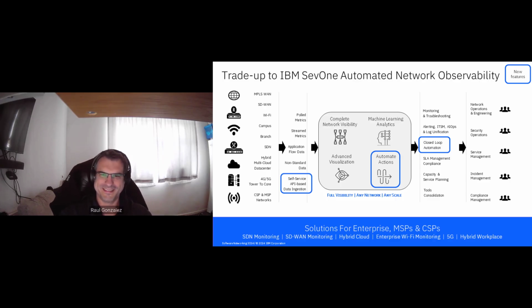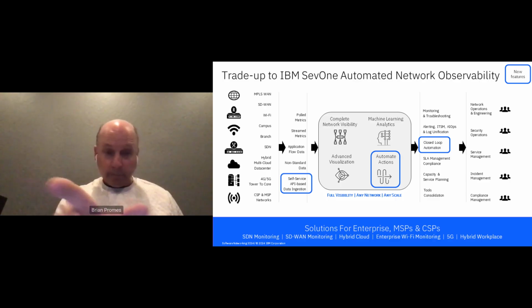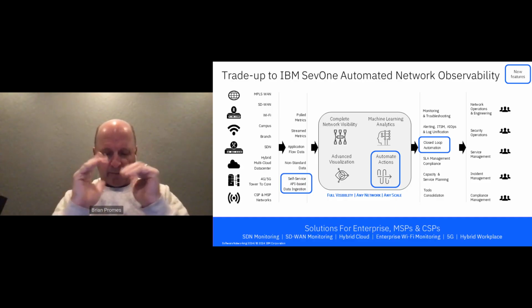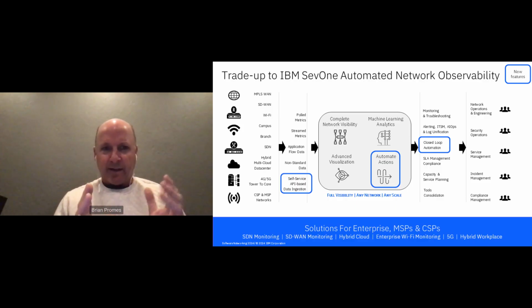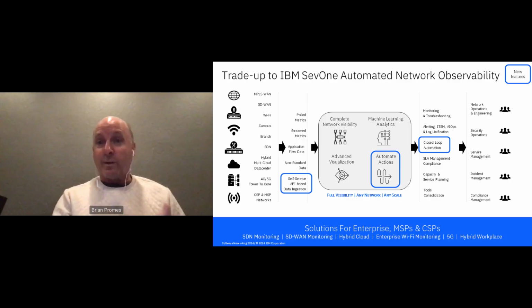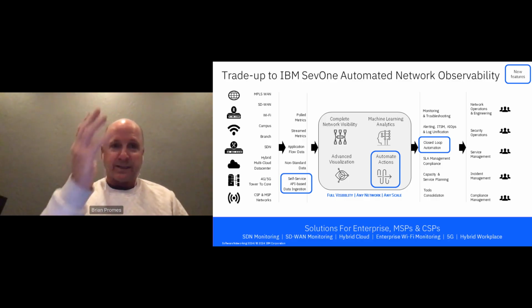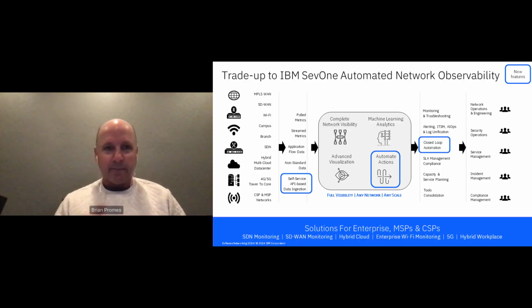It feeds really well into this next layered topic here. If you look at the slide, 95% of the slide is the things that you know about SevOne today, right? The ability to get polled metrics, to get flow data, across the range of the network domain that you're responsible for.